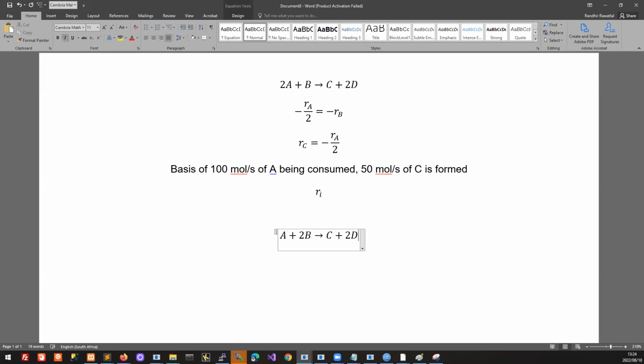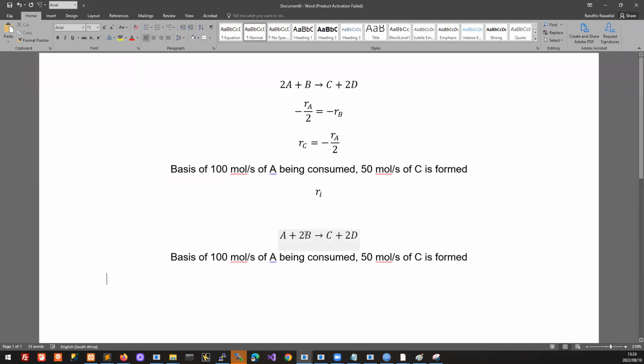So now again, let's stick with a basis of 100 moles per second of A being consumed, but now we are producing twice as much B. So without using any kind of formula, just looking at this expression, we can say on a basis of 100 moles per second of A being consumed, then 200 moles per second of B will also be consumed, right?